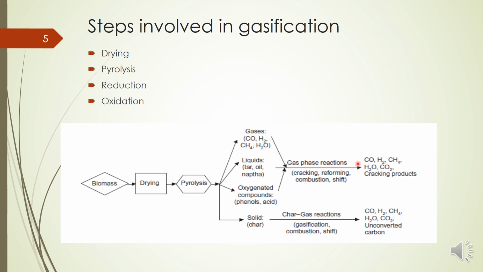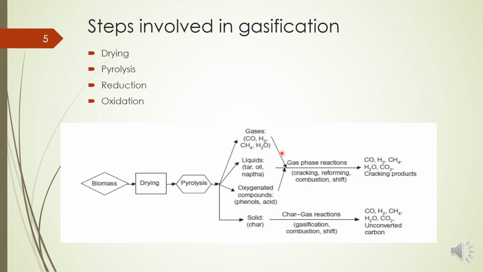And this will undergo reduction reactions and oxidation also. Different reactions we have discussed. And the solid char will also have some reactions, combustion of solid char, etc. So we can see 2 simultaneous pathways after pyrolysis.